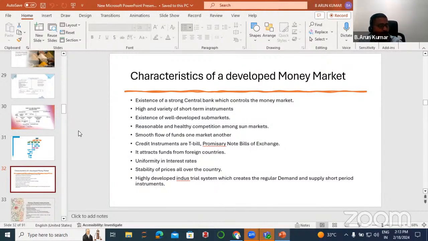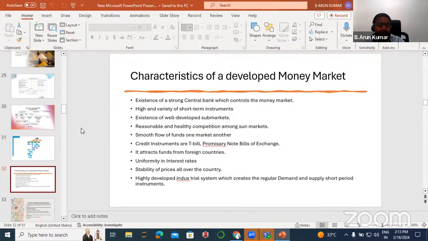Net operating income is also propounded by David Durand, and the traditional approach by Solomon. You must also know which are the relevant theories and which are the irrelevant theories in capital structure theories.